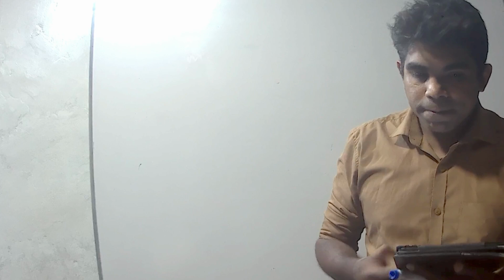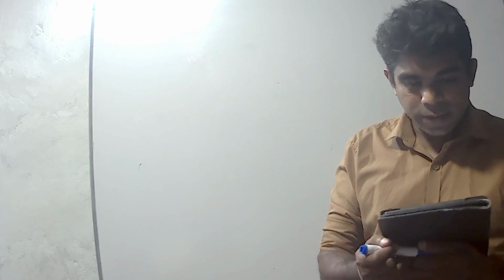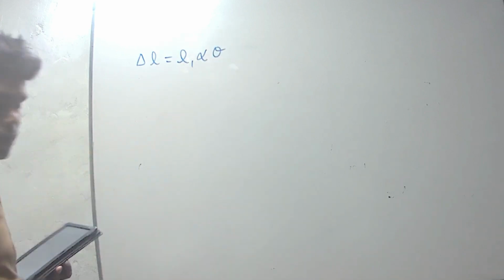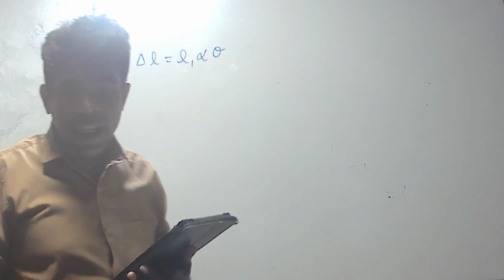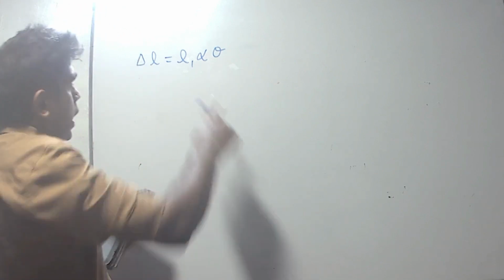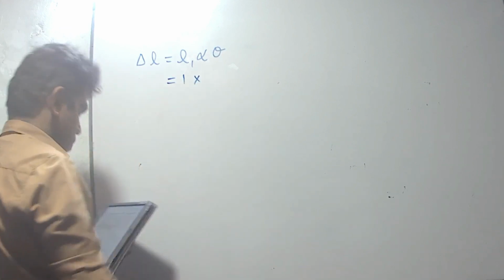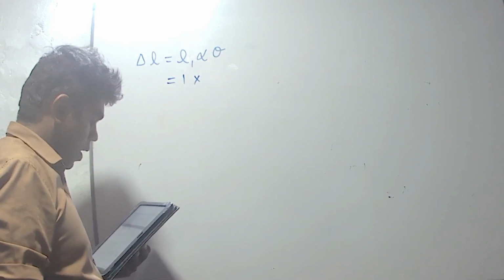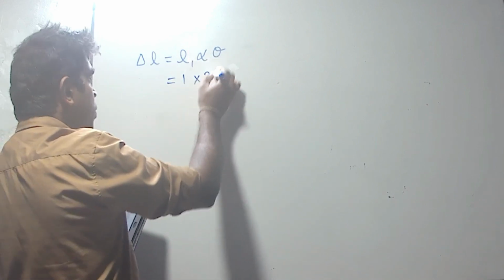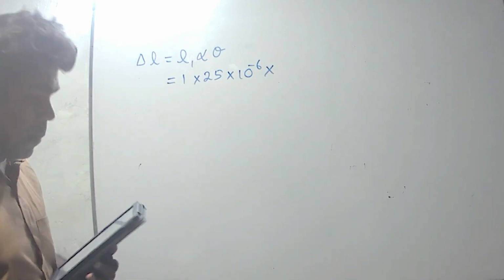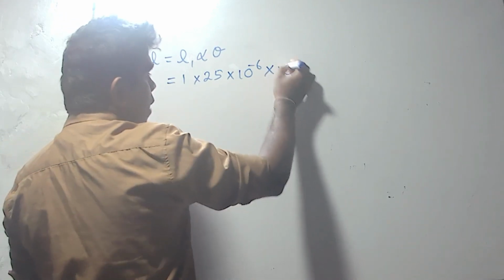I will consider the linear expansion of the meter ruler. We can write delta L equals L1 alpha theta. I will consider 1 millimeter initial length, 1 multiplied by linear expansivity alpha 25 into 10 to the power minus 6, and the temperature increment is 100 degrees.